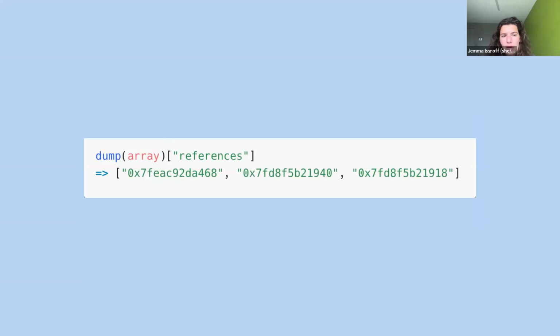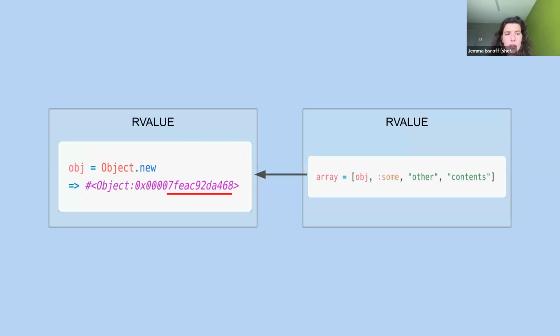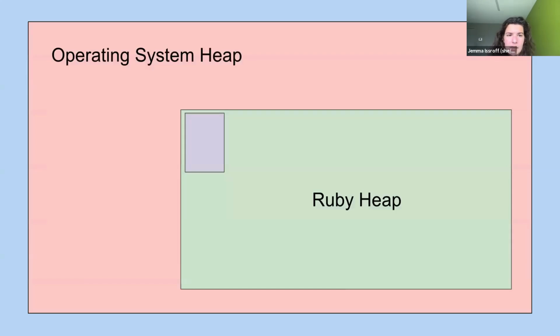If we dump the array, we can actually see its references. And what's very cool here is that this memory address that ends in DA468 was the same as our object's memory address. So we can see it was referencing our initial object.